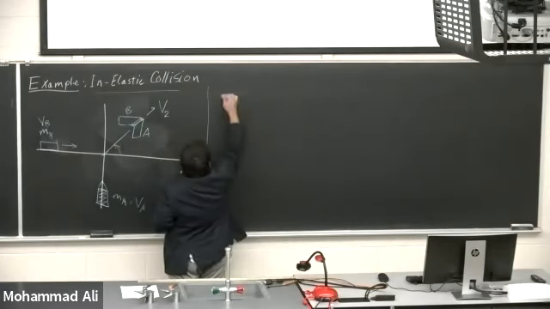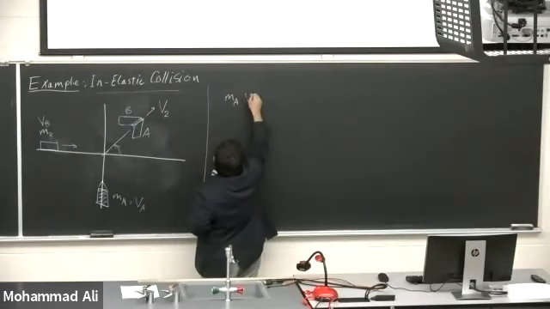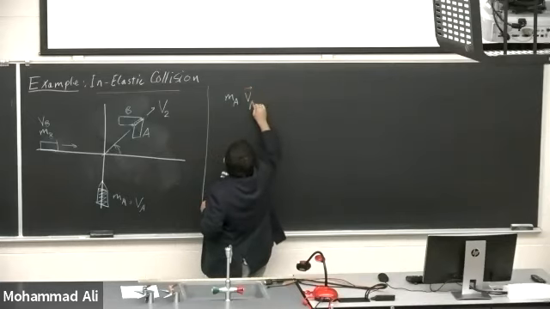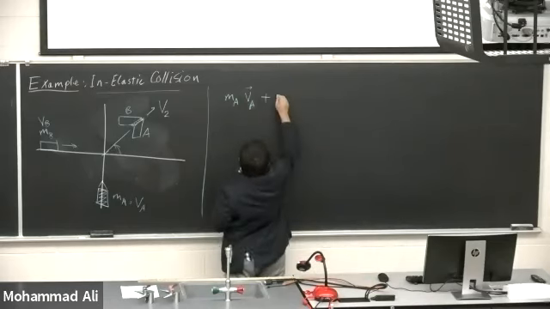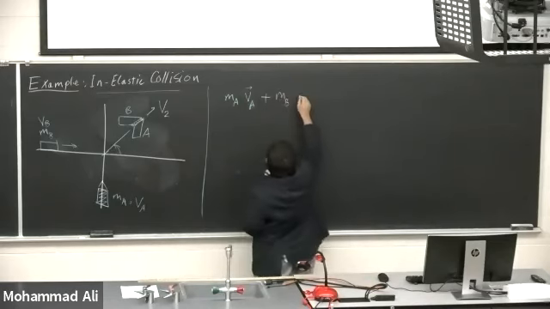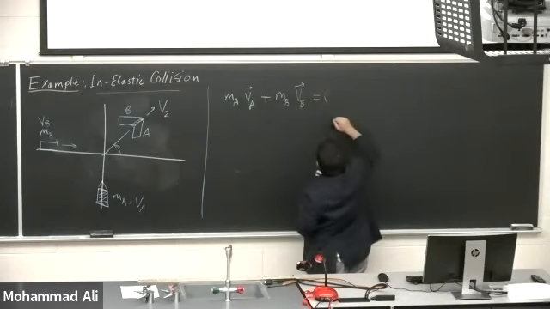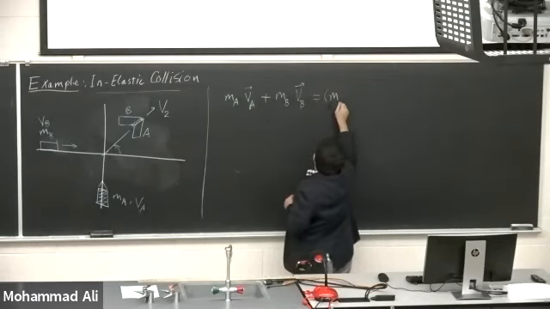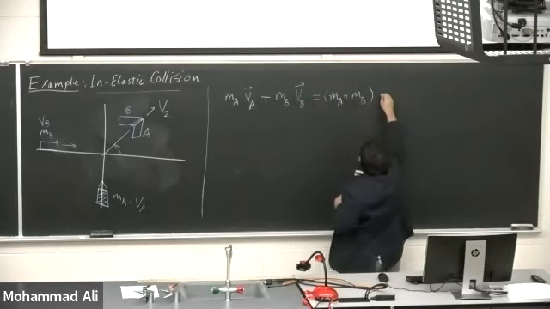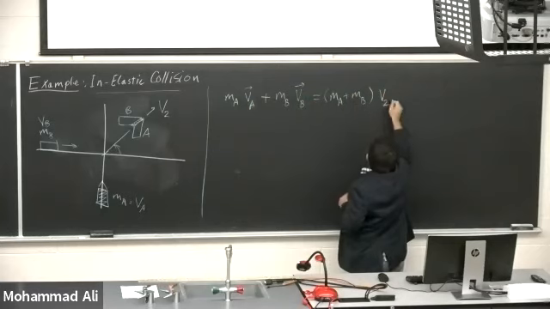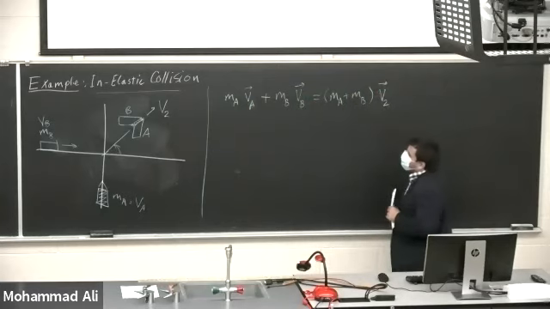Before the collision, we have mA multiplied by its velocity vA as a vector, plus mB multiplied by its velocity, is equal to the total mass after the collision, which is mA plus mB, multiplied by the final velocity after the collision.